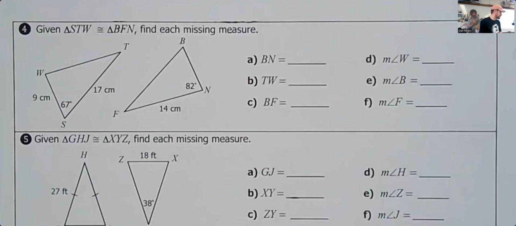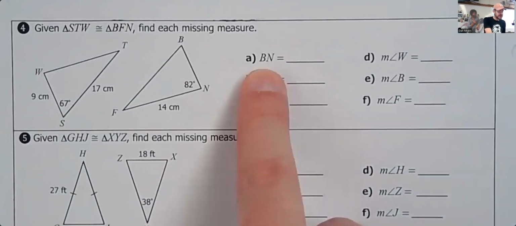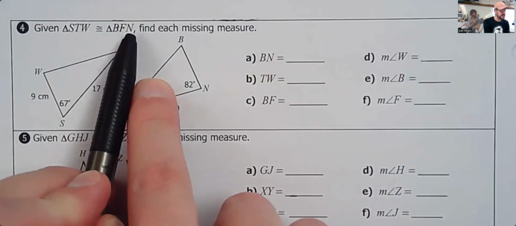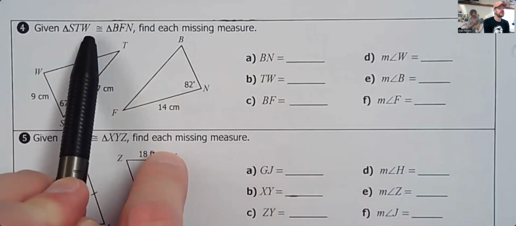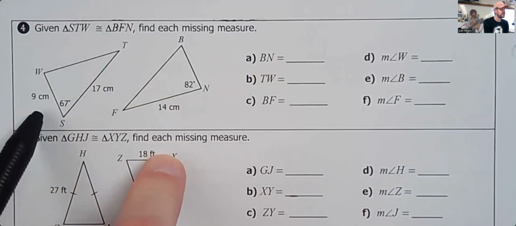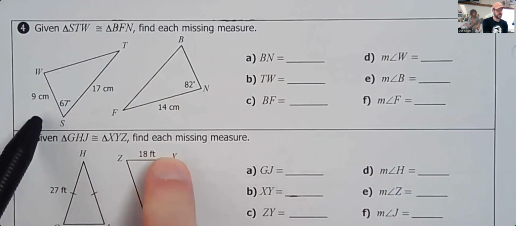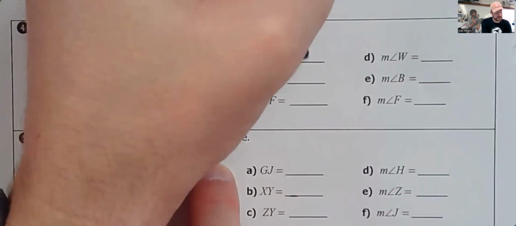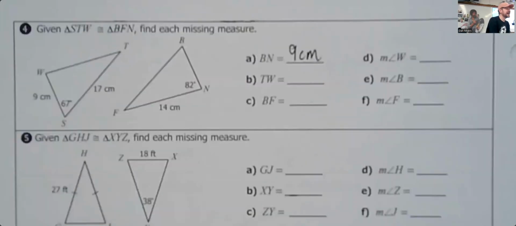So let's see, BN. If you look up here, from B to N matches with S to W. So what's the length between S and W on the first triangle? 9 centimeters, exactly. So we're actually writing in the actual length.